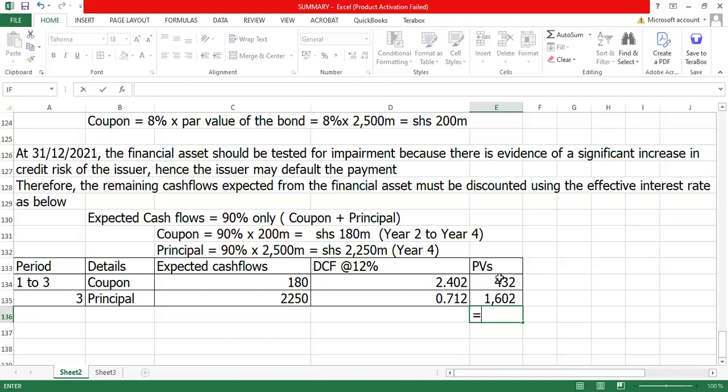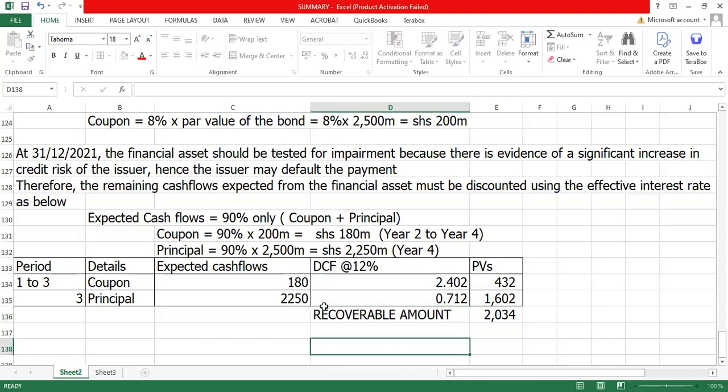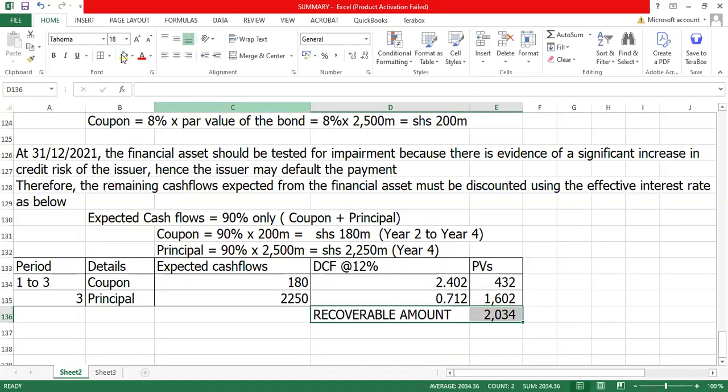If you add this plus this, the answer you get is called the expected, or the recoverable amount. To make it clear, this is what you can actually recover. That's what you need to test for impairment.